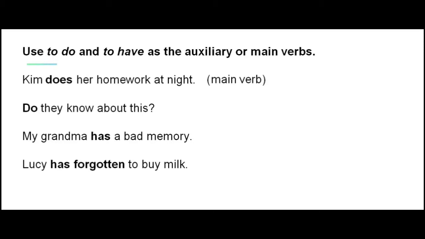Main verb. Do they know about this? Auxiliary verb. My grandma has a bad memory. Main verb. Lucy has forgotten to buy milk. Auxiliary verb.